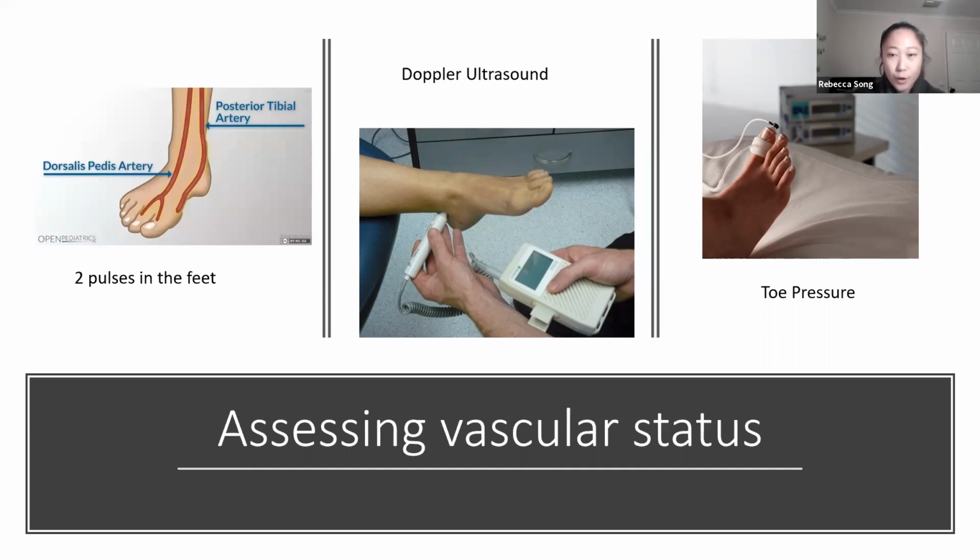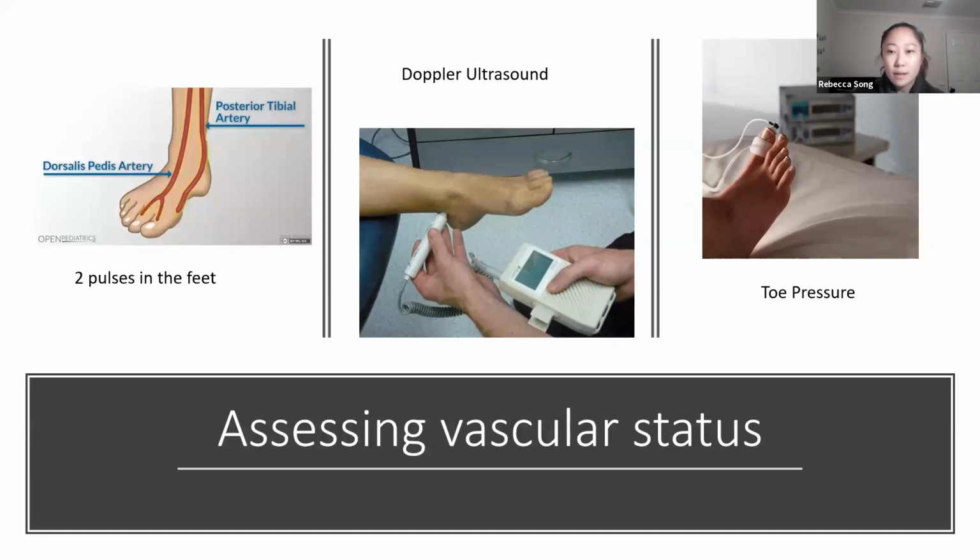The third one that we do is a toe pressure test, which is the last photo there. It's pretty much a mini version of an arm pressure cuff. It uses the same concept. We have a little device that we tape onto the back of the toe that assesses the blood, and we check how the pulse is as well.